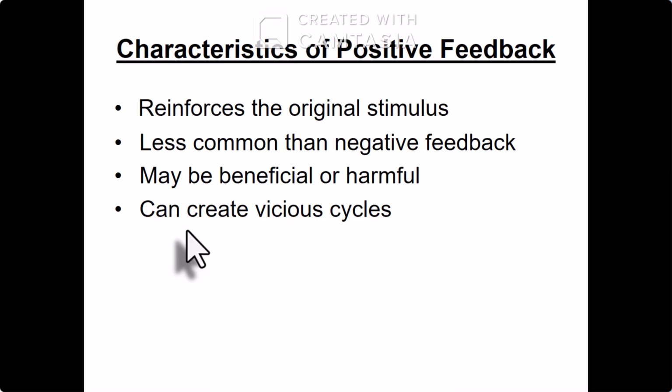So, what is a vicious cycle here? A vicious cycle occurs when a process continuously worsens itself. Instead of restoring balance, the response causes even greater disturbances in the body. And if the mechanism is not interrupted, serious consequences may occur.